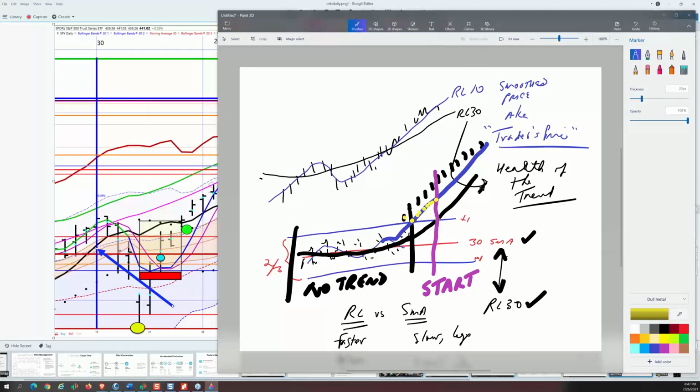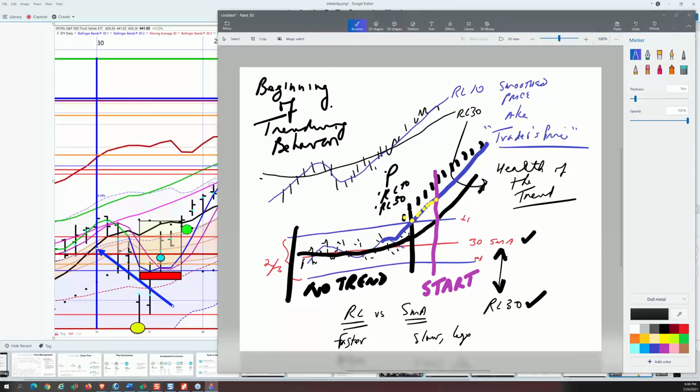But when the price and the RL10 and the RL30 have all left the river, that is the beginning of trending behavior. So the beginning of trending behavior is when the price, the RL10, and the RL30 have all left the river. That happens right here.